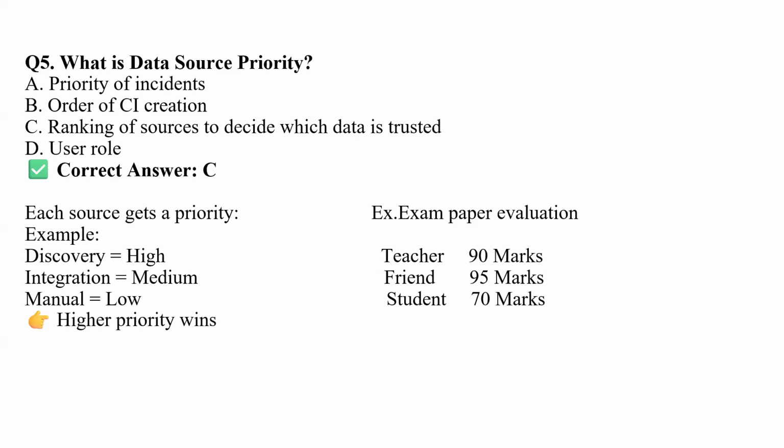Which source gets priority? Generally, we can think the teacher will get the priority. That is a basic rule. The same logic we can apply here. Higher priority wins, because in the exam paper the teacher has genuine priority. So higher priority wins.